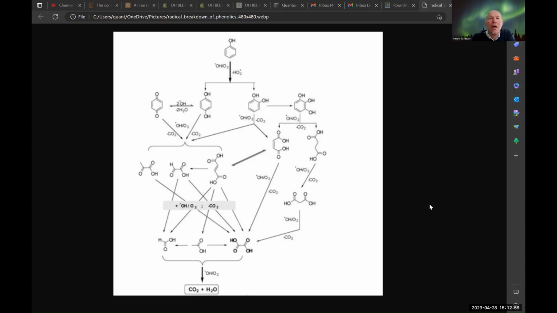It doesn't do a massive amount of damage, because the damage is localized to the point in which it is created, and that is due to the coordination of iron in the aromatic ring system. So it's a beautiful localized oxidative system for the generation of CO2 and water for pollen tube formation.